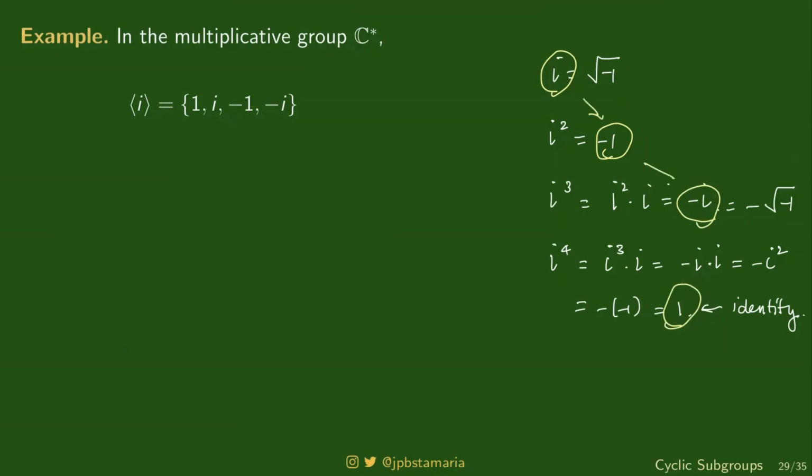Alam niyo na bakit cyclic? Paulit-ulit lang. Did you understand? Bakit ito na yung apat na elements? I have just confirmed it by actually doing the multiplication, the powers of i.